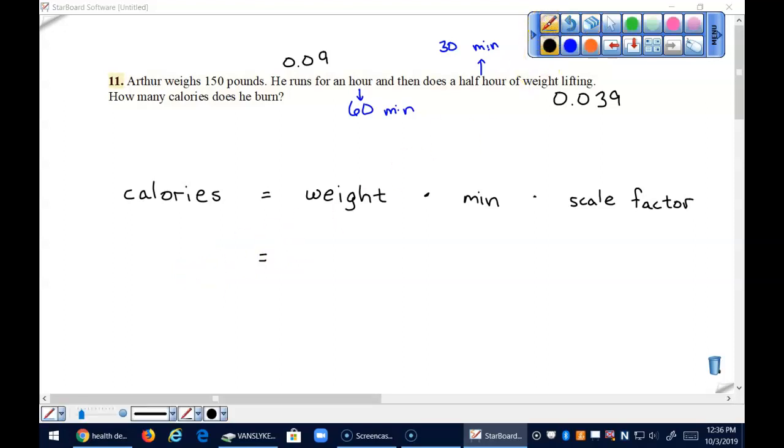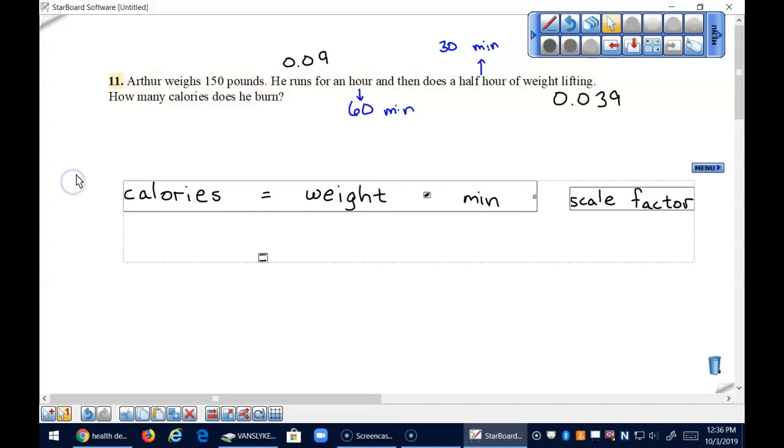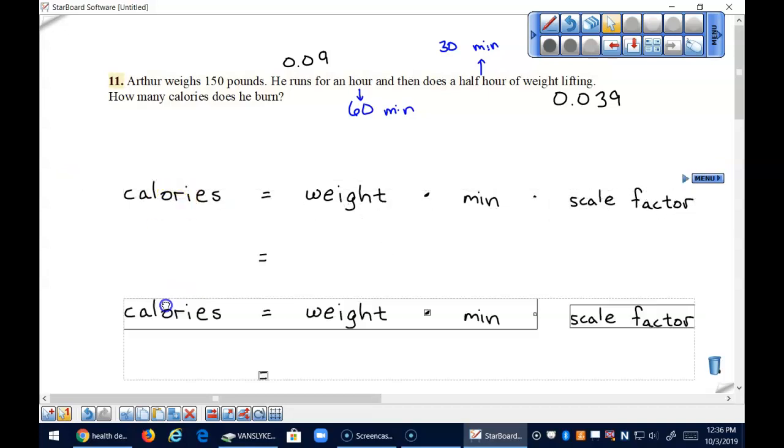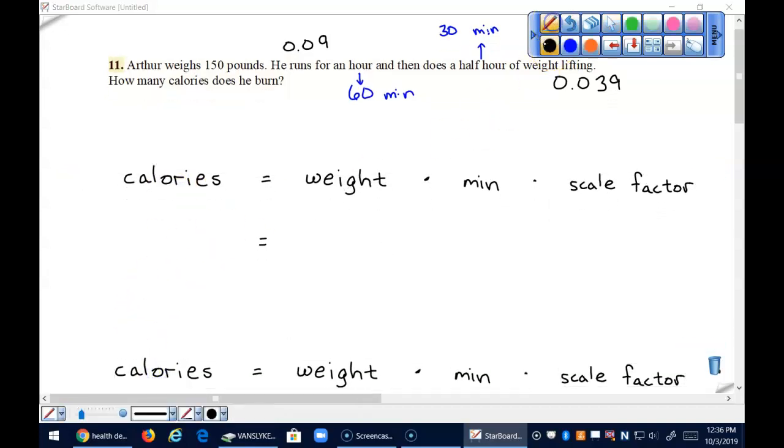So we're on a roll, but I'm not quite sure which scale factor to plug in. So we actually need to be doing this twice. We have part A and part B. Does it matter which is part A and which is part B?